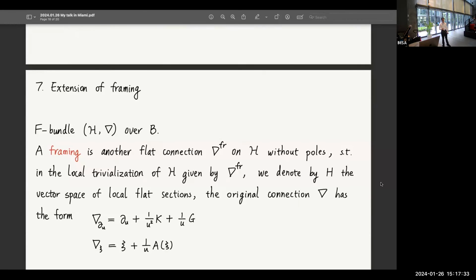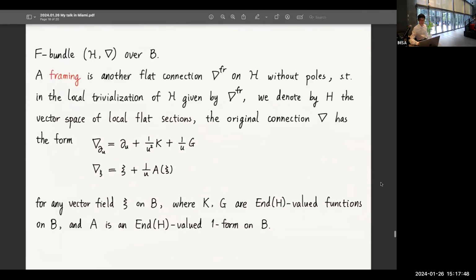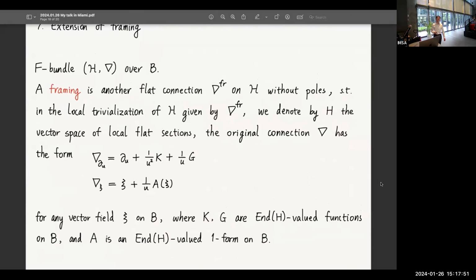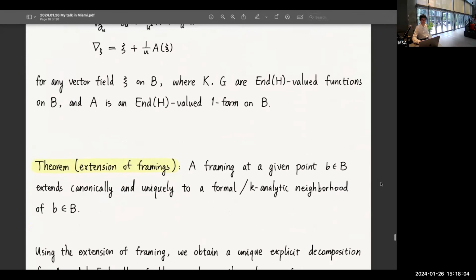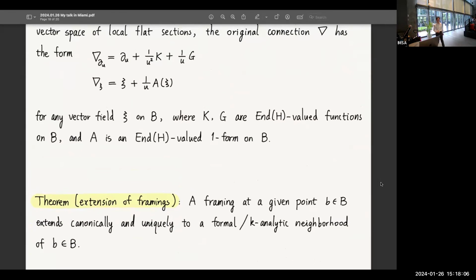When we have framing, it means that we fix some trivialization so that we don't have non-negative powers of U in the expansion for the connection. So here, it's for any vector field psi on B, where K and G are endomorphism-H-valued functions on B, and A is the End-H-valued one-form on B. Okay. And we have the extension of framing theorem, a framing at a given point.